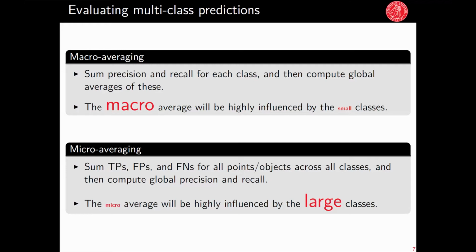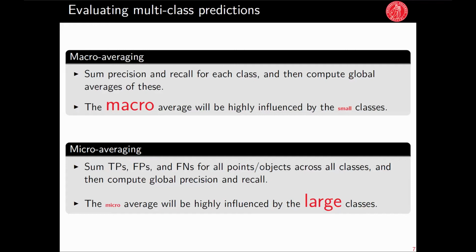And then the other averaging approach is called the micro average. Instead of summing these aggregated precision and recall figures, it sums the actual counts of true positives, false positives, and so on, computed for each individual class, and computes a global average based on those instead, or computes the precision and recall, for example, based on those counts instead.